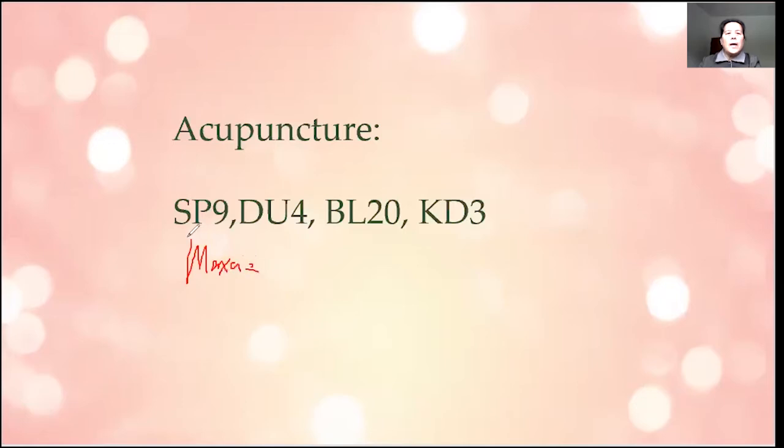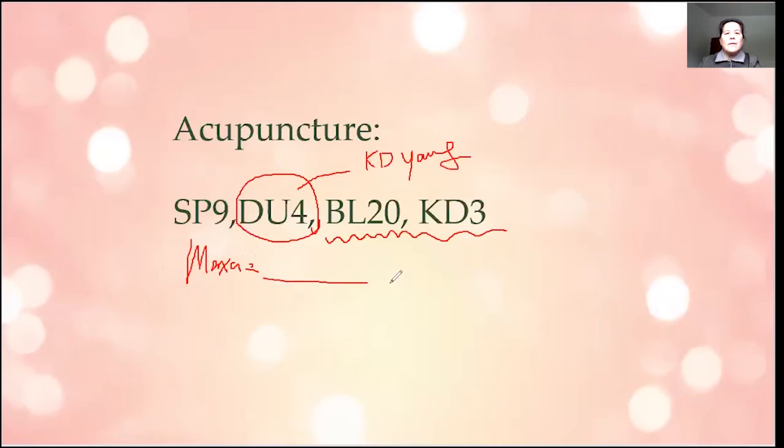And certainly, the points: we specially tonify the spleen and the kidney. And Du 4 is a pretty good point to tonify kidney yang. We can also moxa there. And we can add more points for moxa.